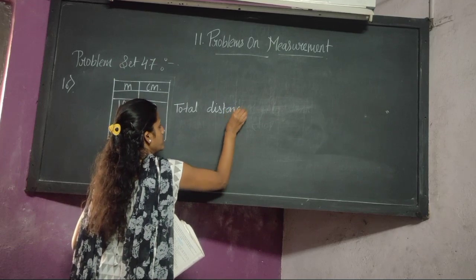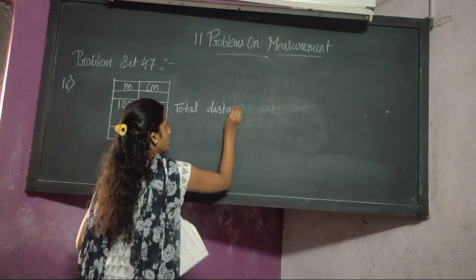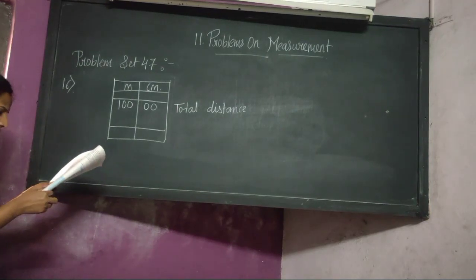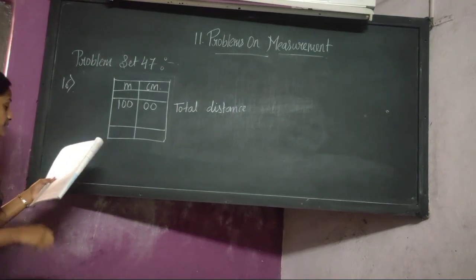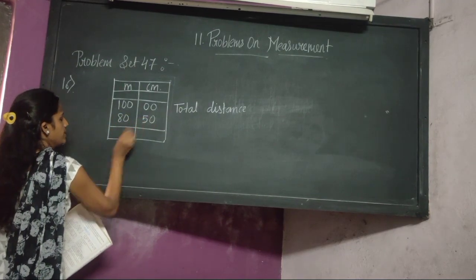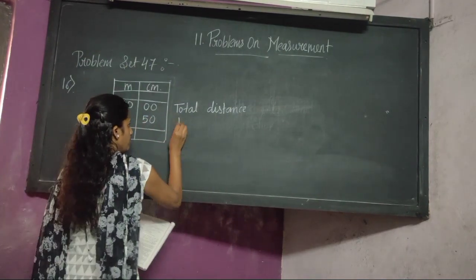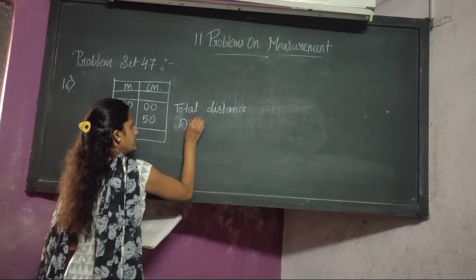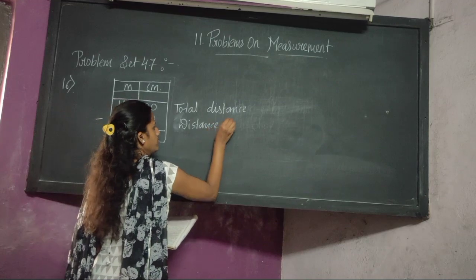This is the total distance. Okay, now she ran for how much meter? 80 meter, 50 centimeter. So this will be 80 meter and 50 centimeter. This is the distance covered by Renu.